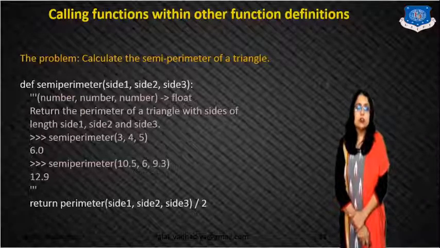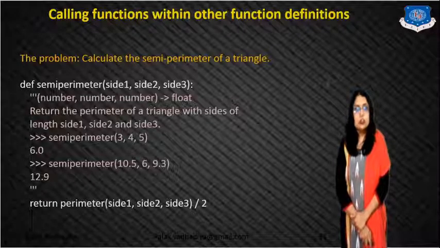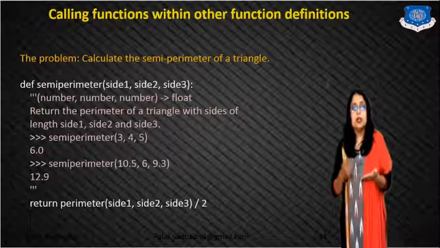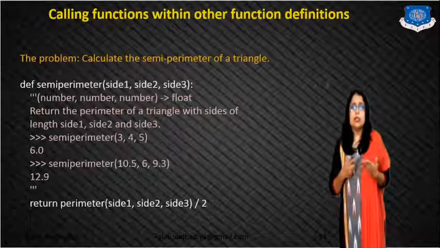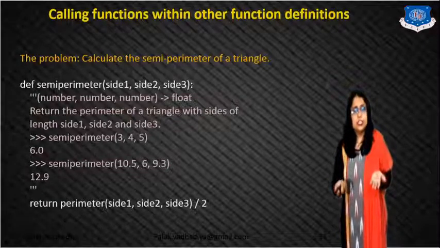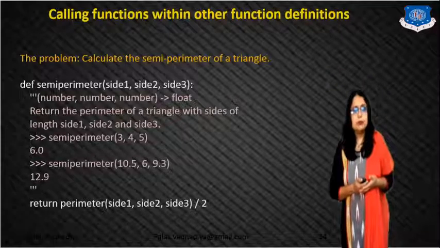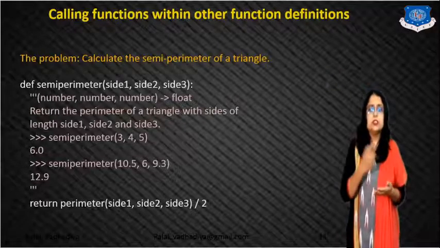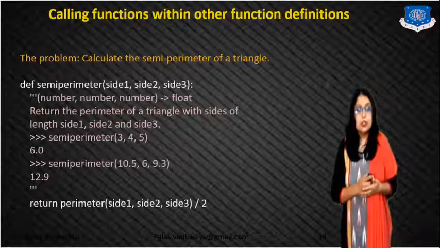Then write down the docstring and then your equation. The type is number, and instead of float you can also write number, that means it can be an integer or a float. Then it returns the semi-perimeter of a triangle. Semi-perimeter of 3, 4, 5: the answer is 6 because 12 divided by 2.